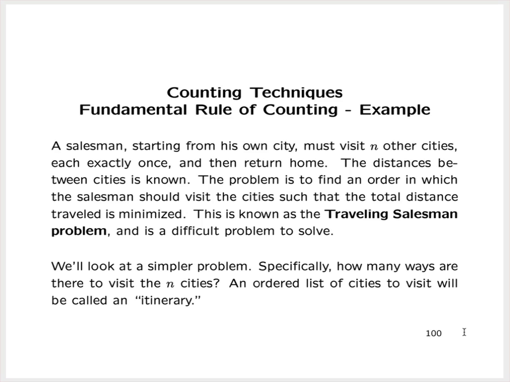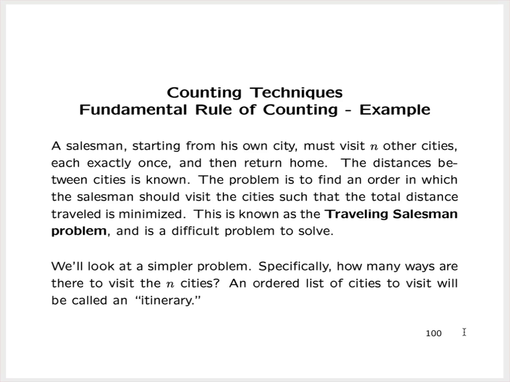Here's another example of the fundamental rule of counting. A salesman, starting from his own city, must visit n other cities, each exactly once, and then return home. The distances between cities is known. The problem is to find an order in which the salesman should visit the cities such that the total distance traveled is minimized.